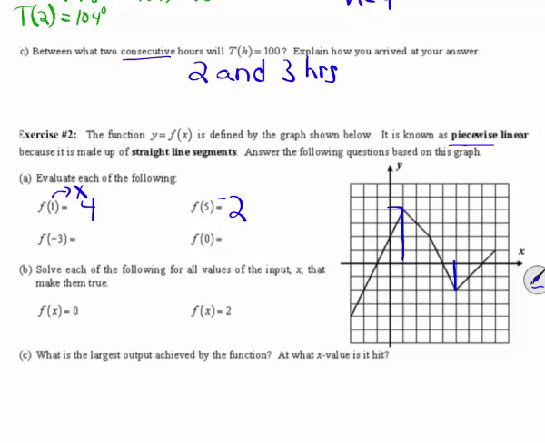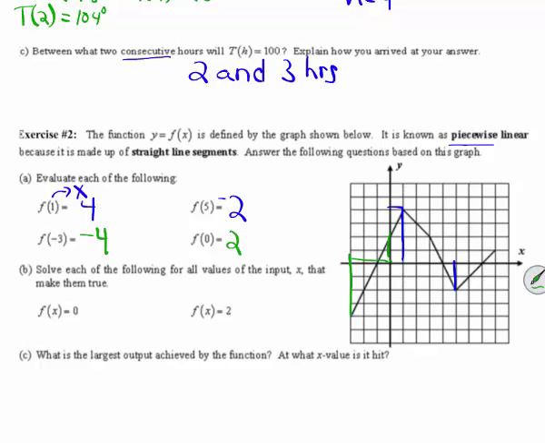F of -3, over here we have 1, 2, -3, and I'm going to go down, 1, 2, 3, 4, -4. F of 0, here's where x is 0, is at 2. So it's reading points off of a graph.